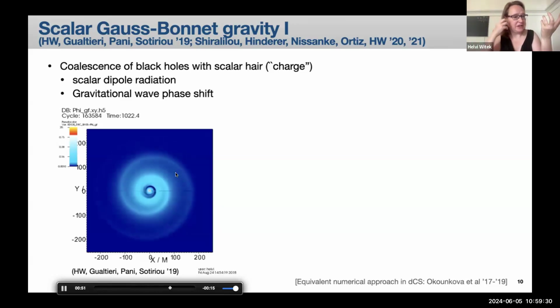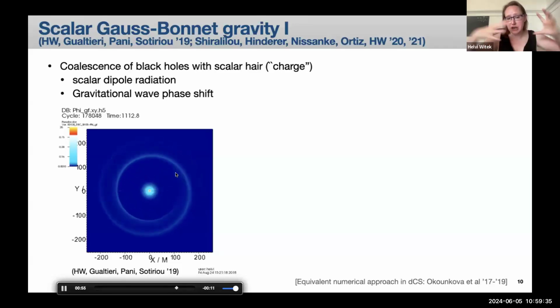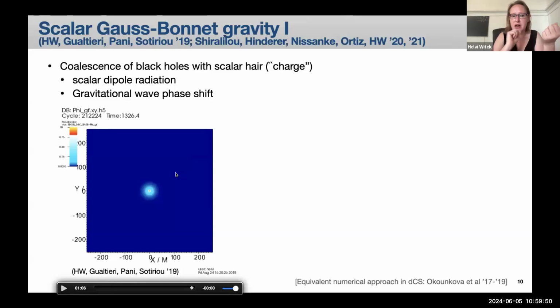And what will happen is that now our scalar field is carrying away energy, is radiating energy away. So it would accelerate the inspiral. And because our gravitational wave frequency is tied to the orbital frequency, that means our gravitational wave signal would also have a faster frequency evolution or phase shift compared to just the vacuum GR phase.